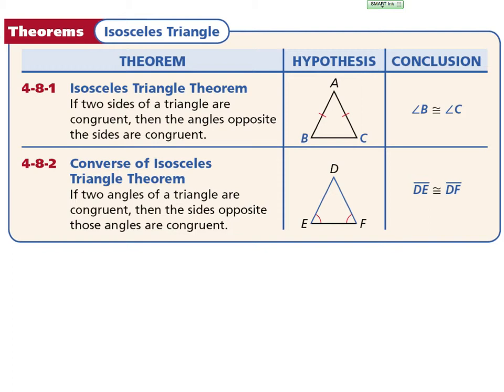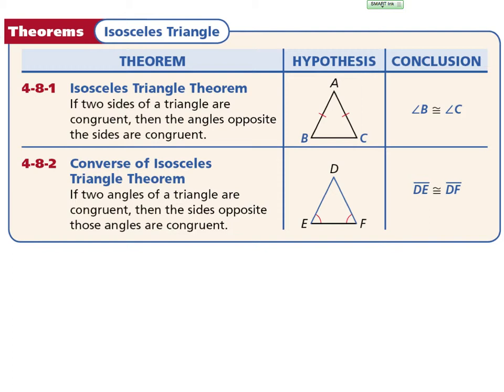If you look at that first theorem, if angles B and C are congruent, is angle B the vertex angle or a base angle? Is it formed by the two congruent sides? Nope, it's not formed by the two congruent sides. It's a base angle.